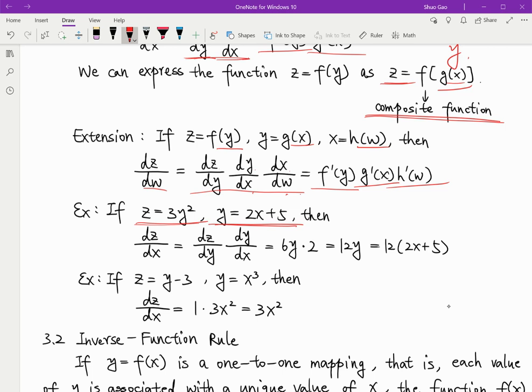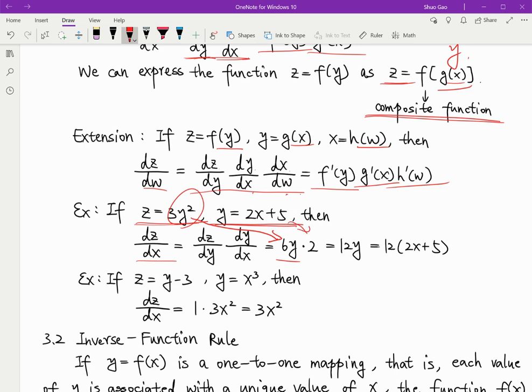In order to find the derivative dz over dx, we first take the derivative of z with respect to y, which is just 6y. And then we calculate dy over dx.